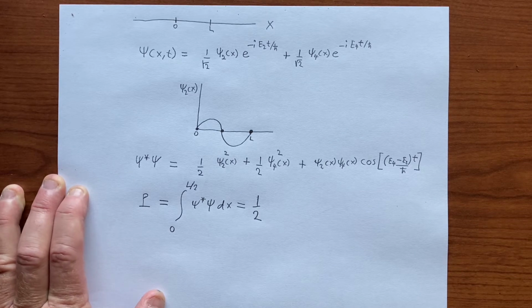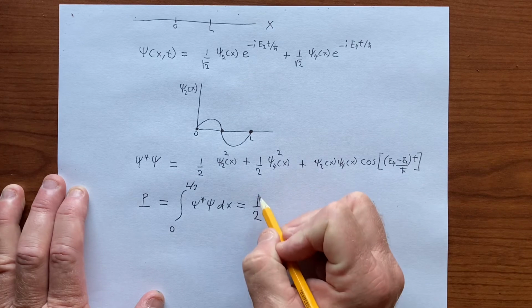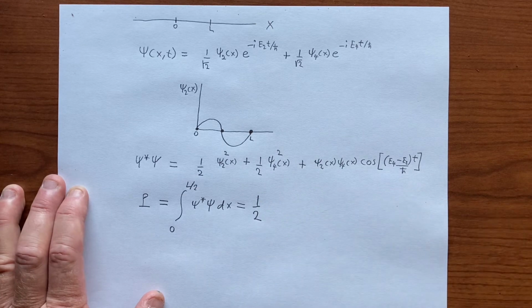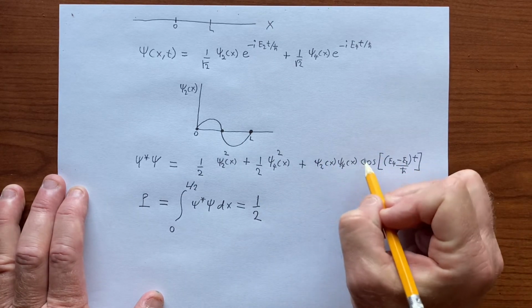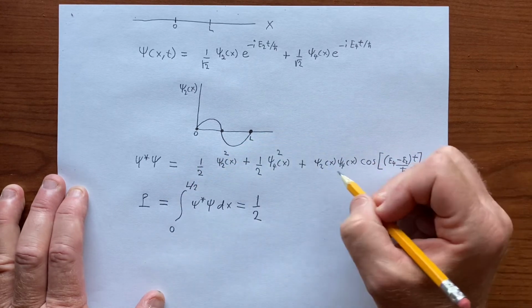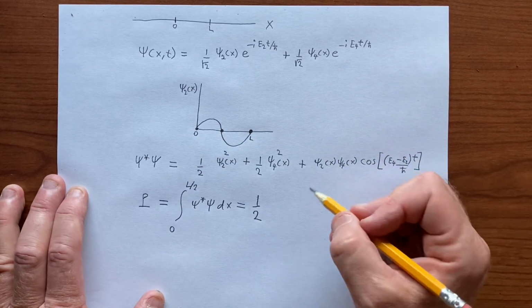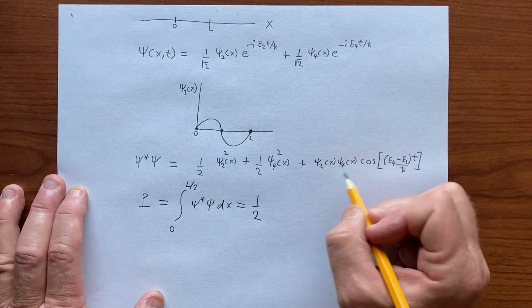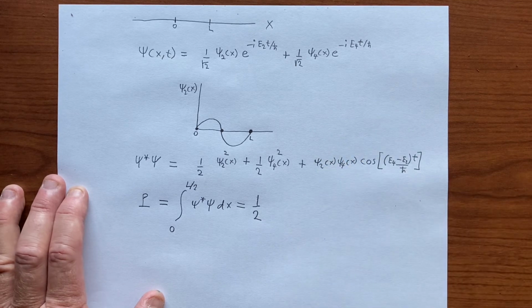They can't discriminate one side of the well compared to the other, and so the probability must be 1/2. Again, if we integrated this function from 0 to L over 2, or from L over 2 to L for that matter, this will also give us 0.